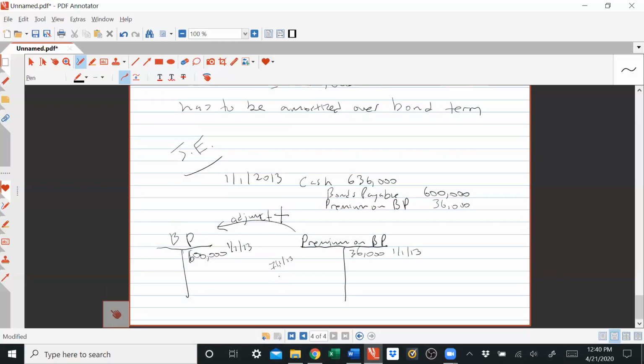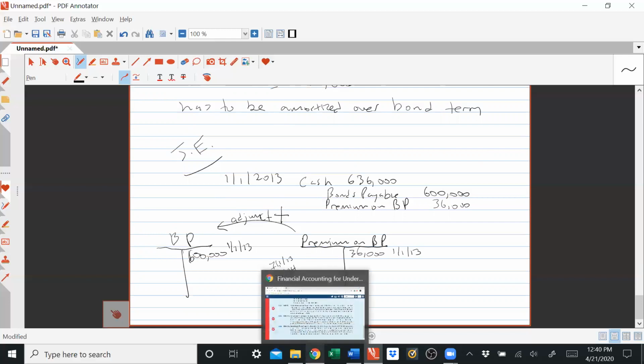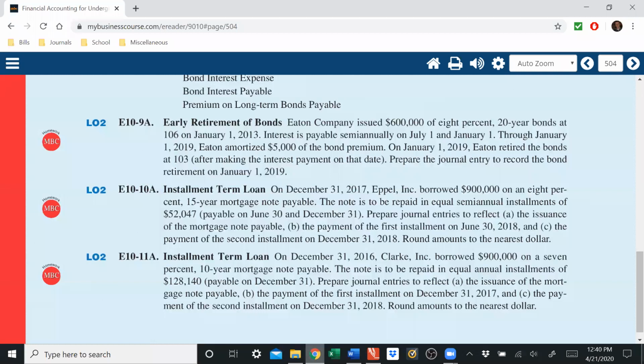July 1st and January 1st. On 1/1/2014, they're going to reduce a portion of the premium, and so forth. So as of January 1st, 2019, Eaton will have made 12 interest payments, right? 6 years have gone by, and including this payment right here, that will be the 12th payment.